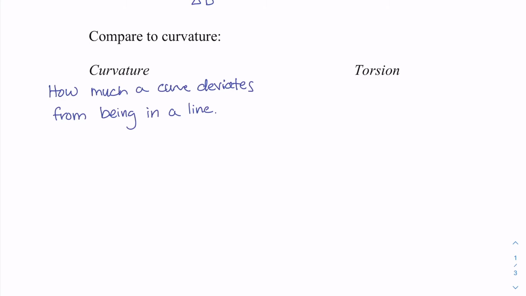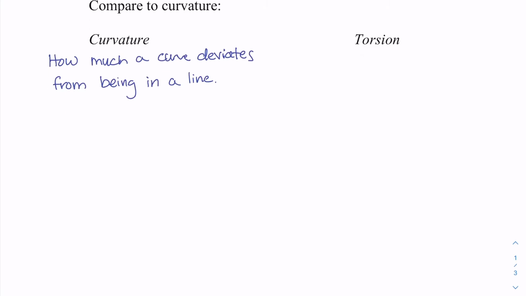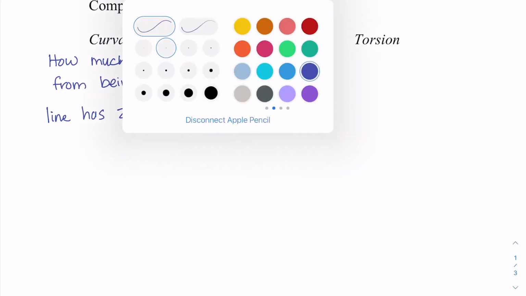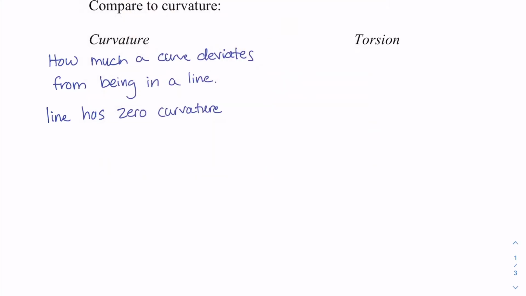And so if your curve is a line, it has 0 curvature because it's completely contained in a line, if that makes sense. So if this is our curve R of t, that equals 0 curvature.